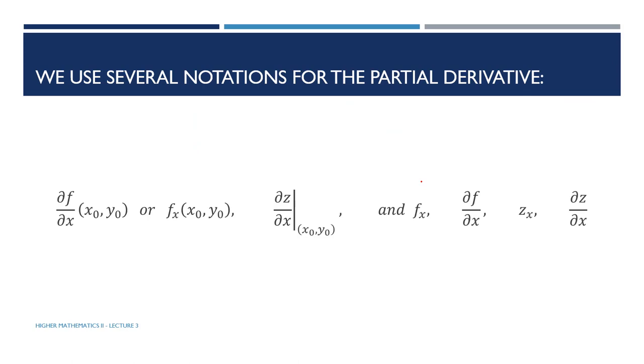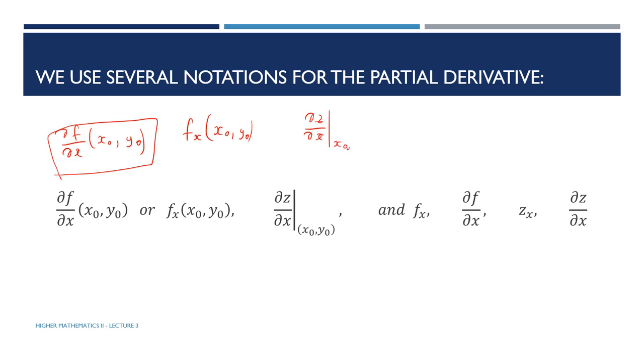We may write it in different ways: ∂f/∂x at x0, y0, this is the first way, or f with small x in the index at x0, y0, which means the partial derivative of f with respect to x, or ∂z/∂x evaluated at x0, y0, the point where we are calculating the derivative, or just f with x in the index without the point, or ∂z/∂x, or z with the small x.